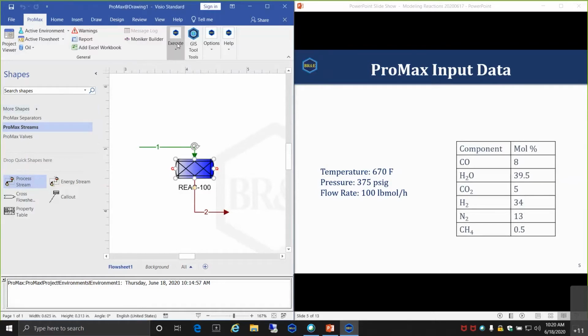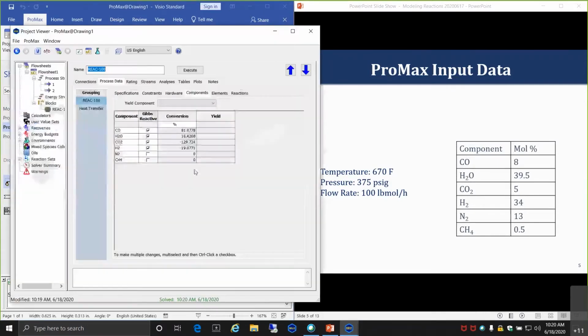So if we solve this now, we can come in here. Here on our components, we can see that 81% of the CO was converted, meaning 81% was consumed. 16% of the water was consumed, and then the CO2 and the H2 have negative conversion values.